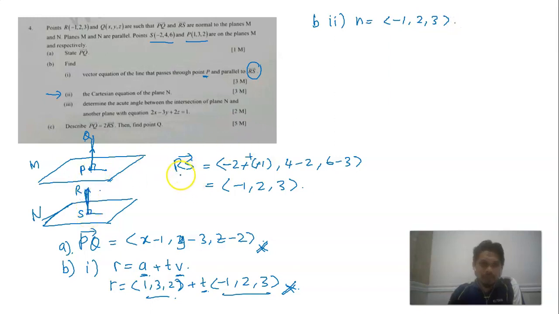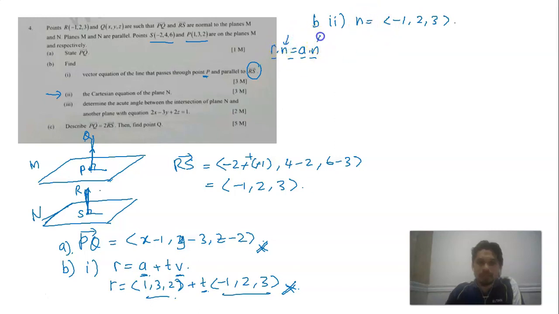As we got earlier, RS is a normal to the plane N. And we use the coordinate of P as our reference, since we know that the equation of a plane is r dot n equal to a dot n.